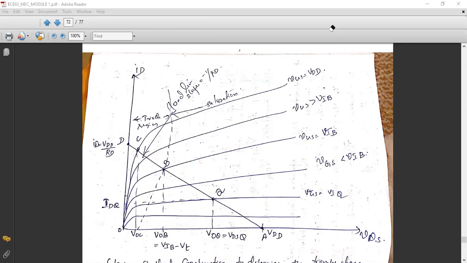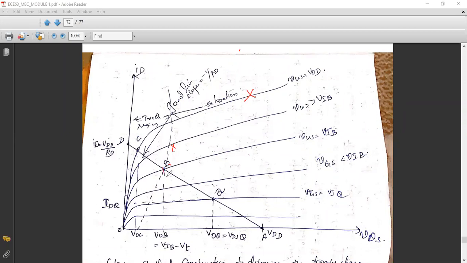Whenever I fix the Q point in these upper curves, your output will not be desirable, so I should not fix a Q point here. The Q point is the point you fix on a curve that should exactly coincide with your DC load line. You can't fix it here and here.